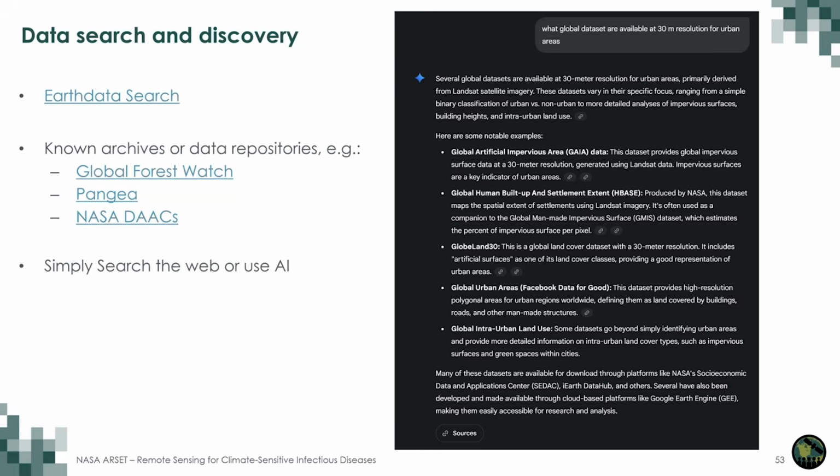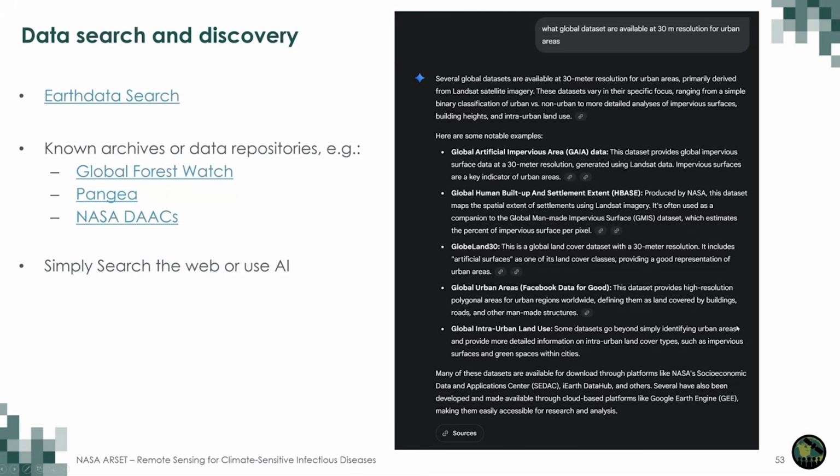And another thing I would really strongly recommend is simply search the web or use AI. This is a query that I ran using my personal Gemini account, and the query was very, very small, simple, and straightforward: what global data sets are available at 30-meter resolution for urban areas? And it gave me a really, really good summary.